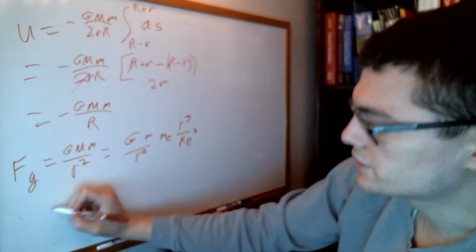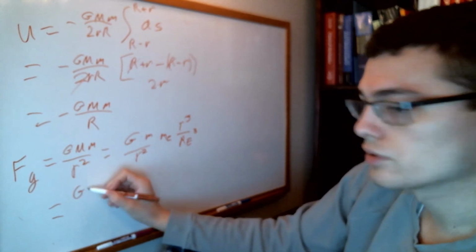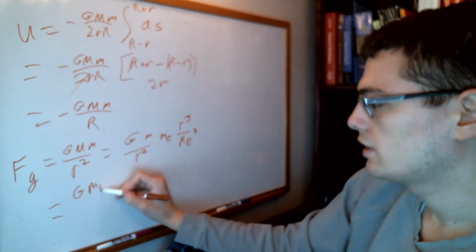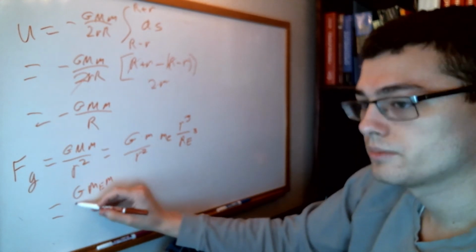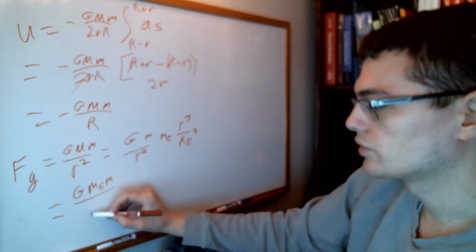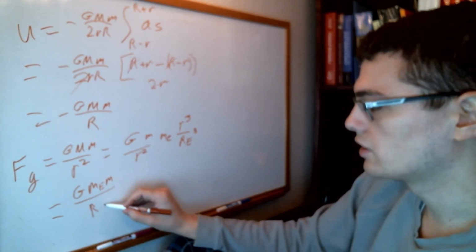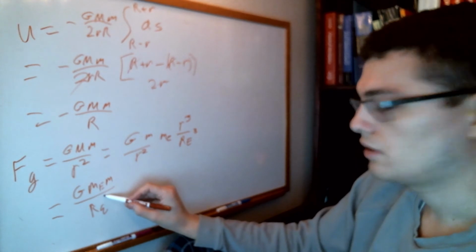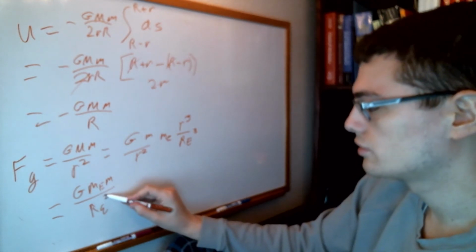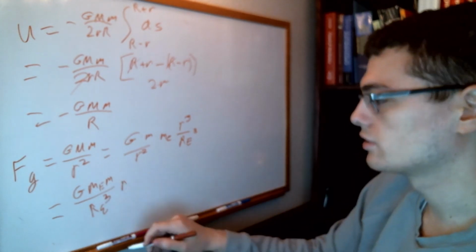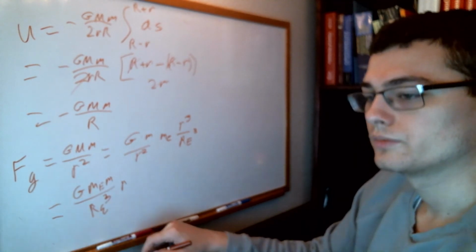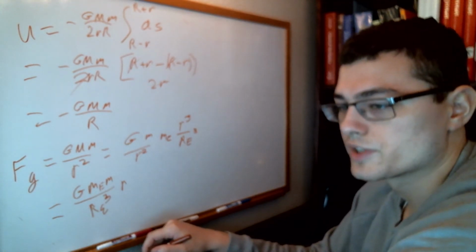And so then this is going to yield that our force is going to be GMm over the radius of the Earth cubed times r, which is going to be your radius from the center of the Earth.